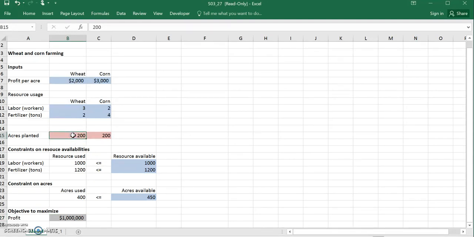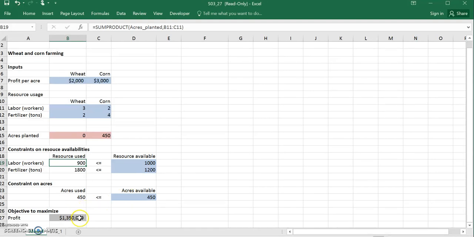Let's go back to the constraints real quick. I want to show you why you can't just plant 450 acres of corn and call it a day. All right. We could plant 450 acres of corn, and if you look at the resources used down here, you've only used 900 workers and you had 1,000 available. So that one's good. Your acres used are also good. You've used 450 acres and 450 are available.